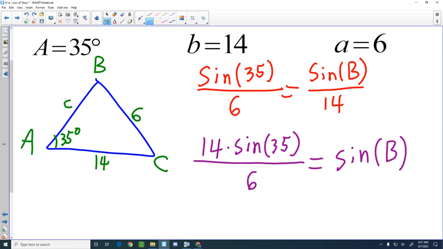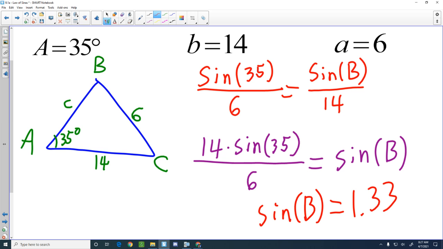All right, so we've got the sine of angle B equals 1.33, and I need to take the sine inverse of 1.3. But you can't take the sine inverse of 1.3, can you? You get an error. Any ideas why? It does not form a triangle.